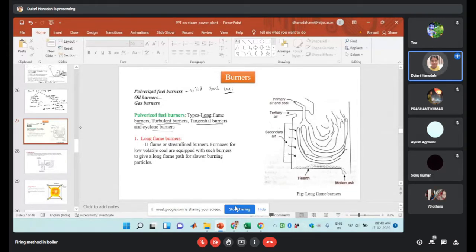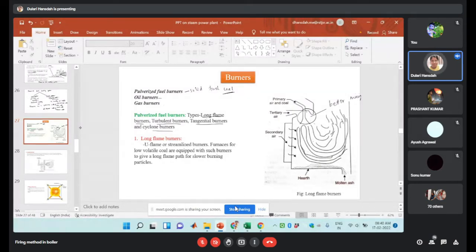So this tertiary air will form an envelope around the primary air, which will provide better mixing. Due to this better mixing, the flame will travel in such a way that the flame area becomes wider.